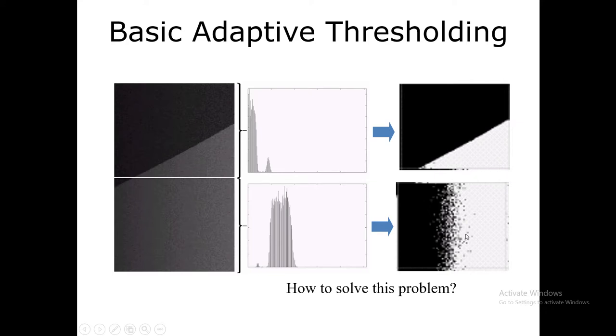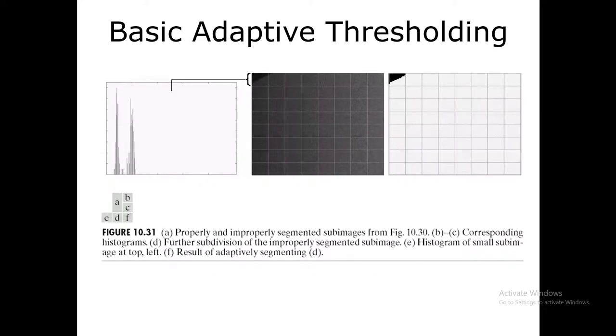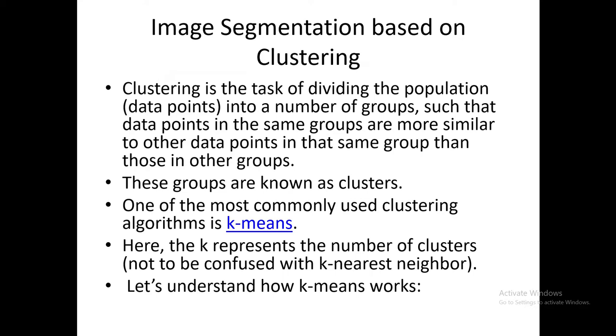So in order to properly segment, what we can do is, this is the properly segmented one, and we can even partition it into more smaller blocks, or small sub images, and adaptively segment the images.